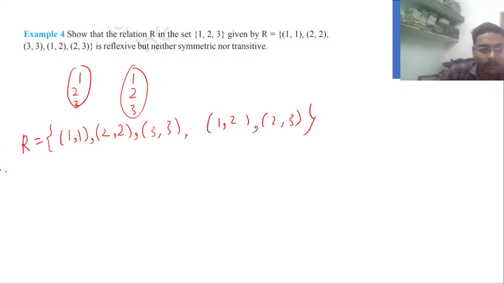So for reflexive, every element should be paired with itself. So 1 is with 1, 2 is with 2, 3 is with 3.